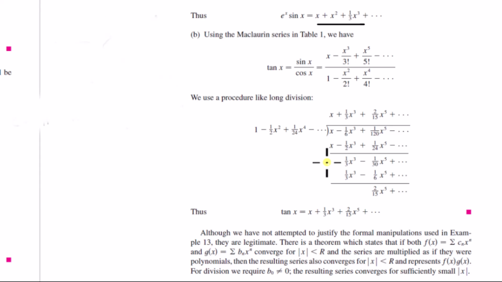But okay, so polynomial long division: you divide the first term in the dividend by the leading term in the divisor, so x divided by 1 is x, and you put x to the first above the corresponding power.